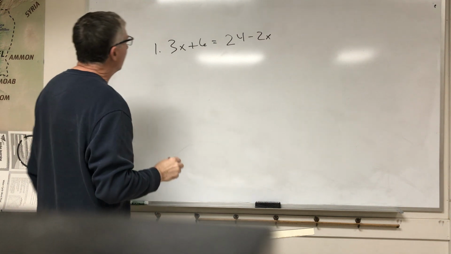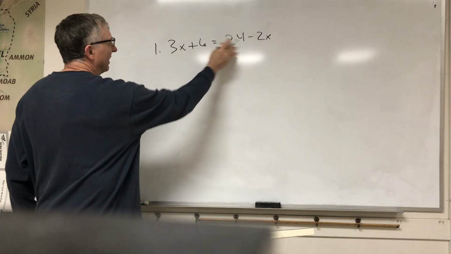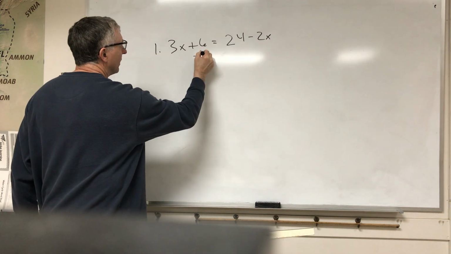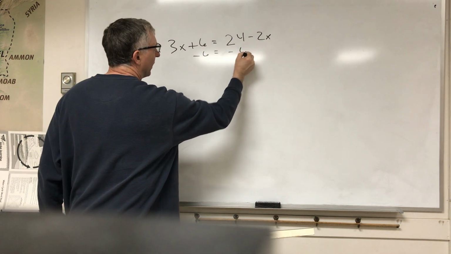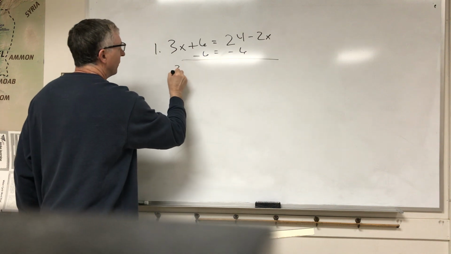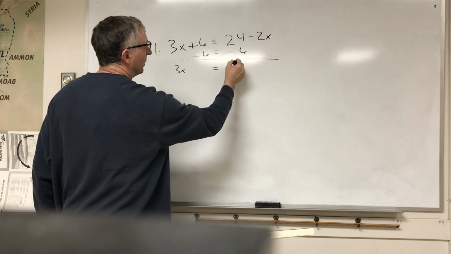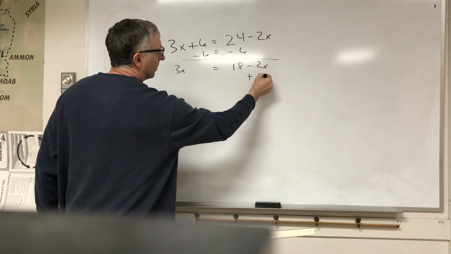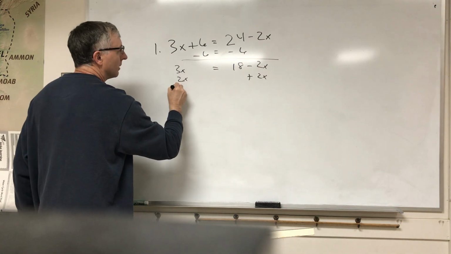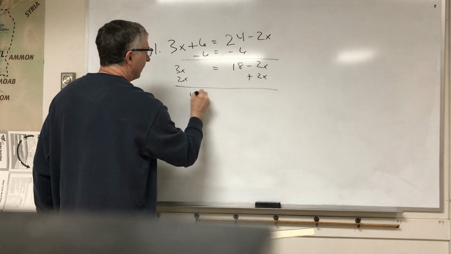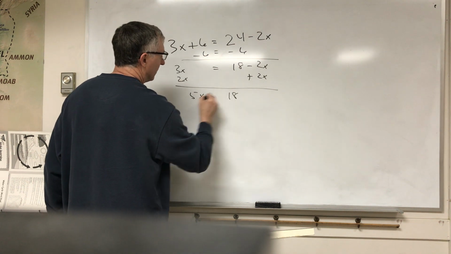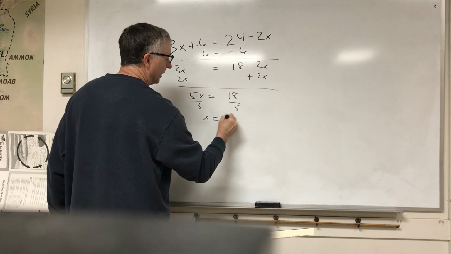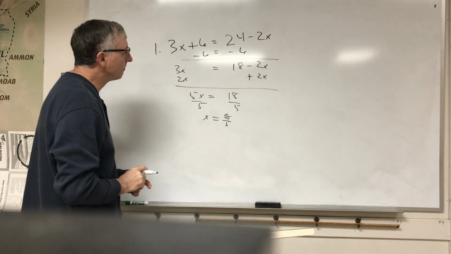I want to get all my unknowns on the left side, my knowns on the right, so let's do this. I have 3x is equal to 18 minus 2x. I add 2x to both sides, and so I have 5x is equal to 18. Divide both sides by 5, and x is equal to 18 over 5.